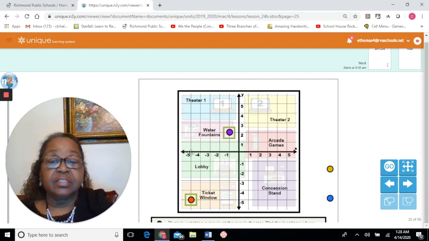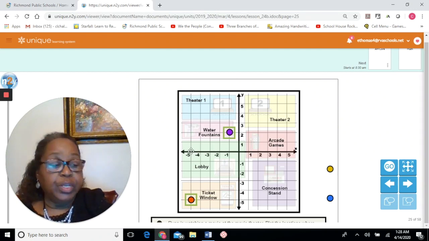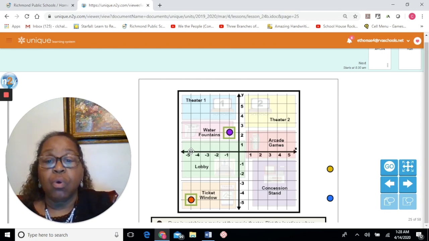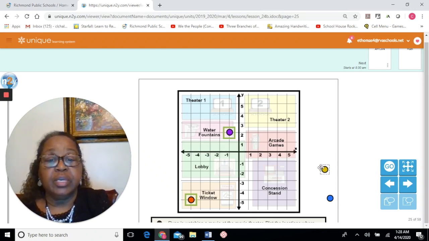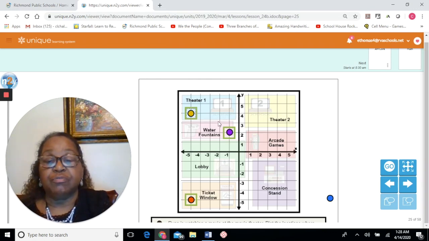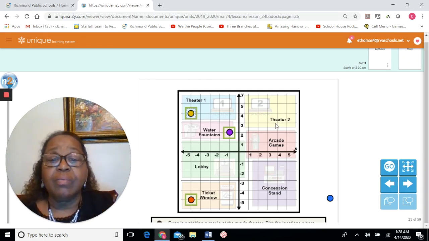For the y-axis, which goes up and down, we need to have our +4. 1, 2, 3, 4. So it's going to be here. I have to remember where it is. And let's put that right there. Excellent. But you see, I can always look across and know that that's my +4. Excellent. We did that correct.